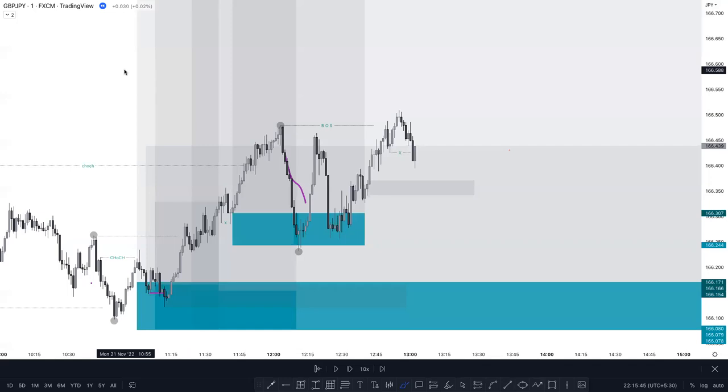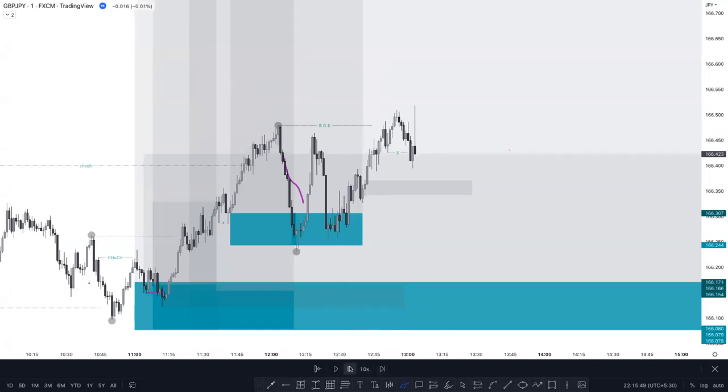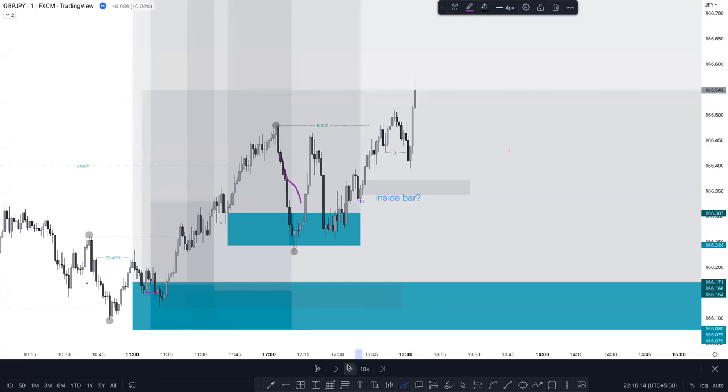But let's see. Yes, this is not an inside bar because the previous candle flow is broken here, like here. Let's see.